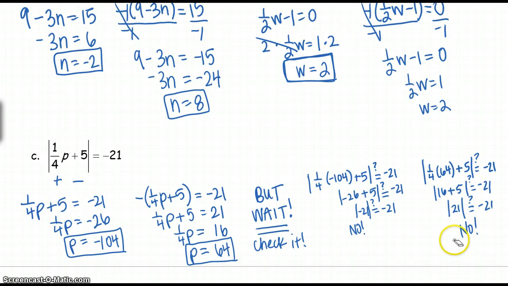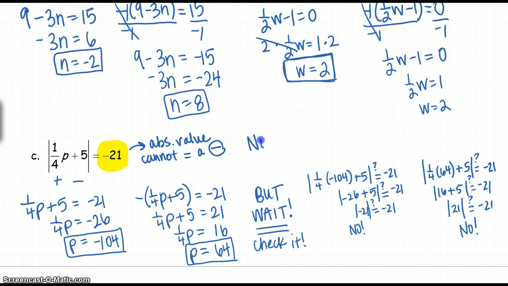So you might want to check your answers if you're like me and you tend to just go for the problem and start working it out. Now, some of you actually noticed this, I'm sure, and you realized that absolute value cannot equal a negative. And as soon as you know this, or in this case, if you went through all this work like I did, you will find out that this problem actually has no solution.